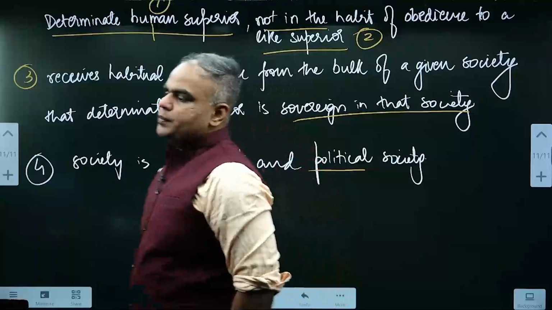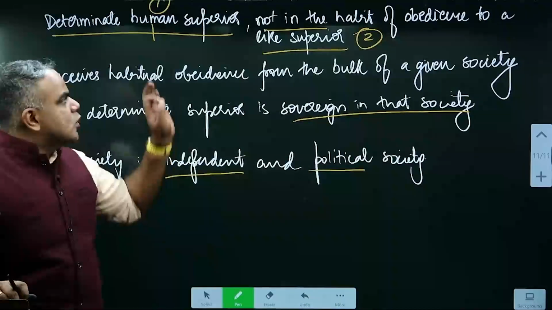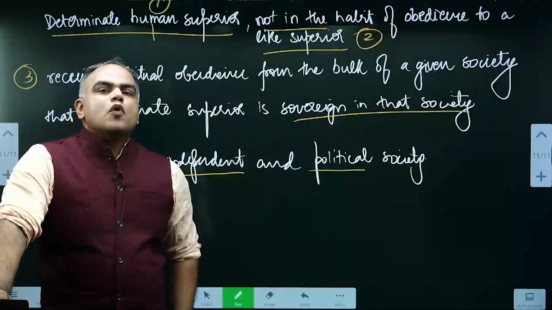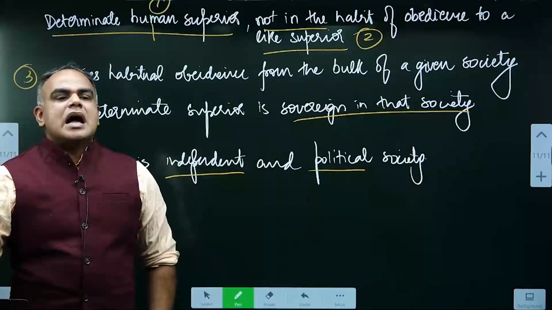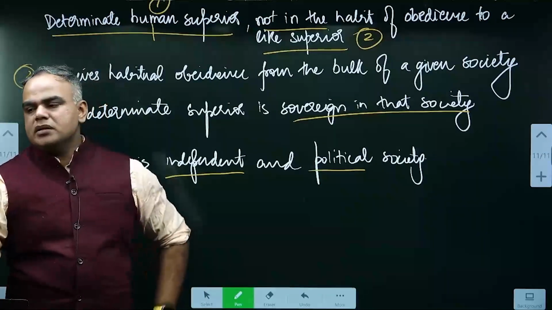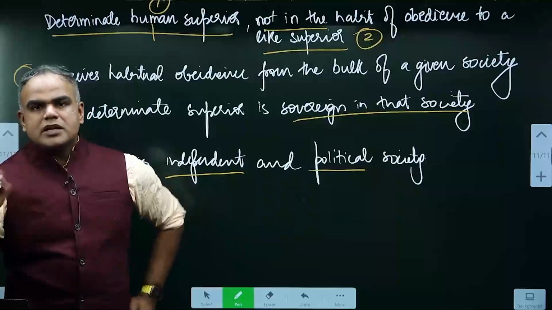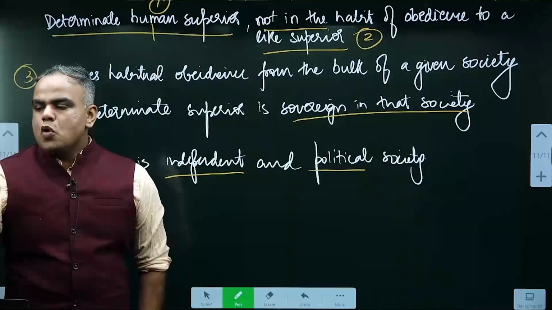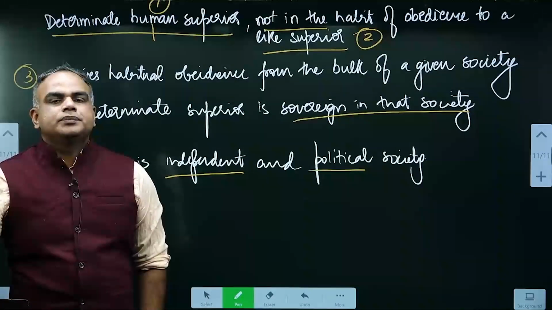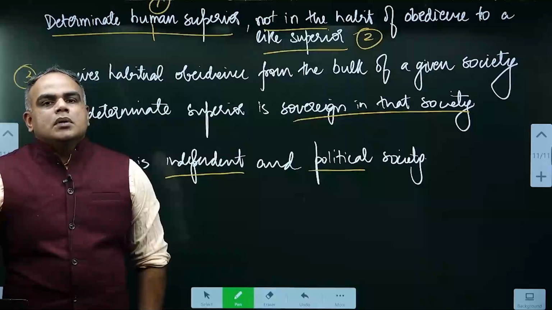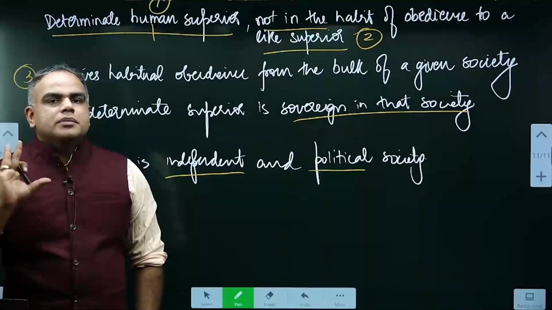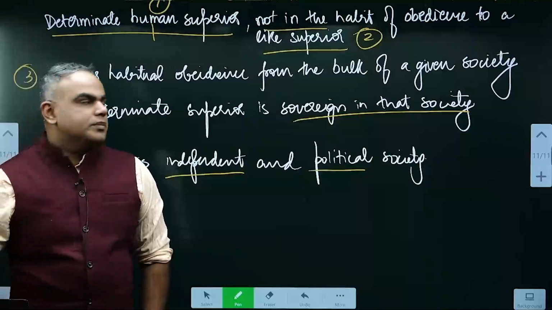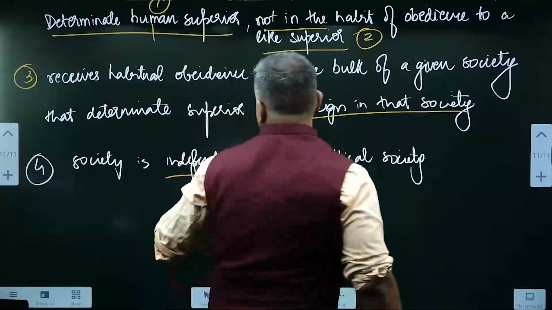Two is the phrase not in the habit of obedience to a like superior. What will you write there? Sovereign obeys no other authority. It obeys no other authority. In simple words, it is supreme.